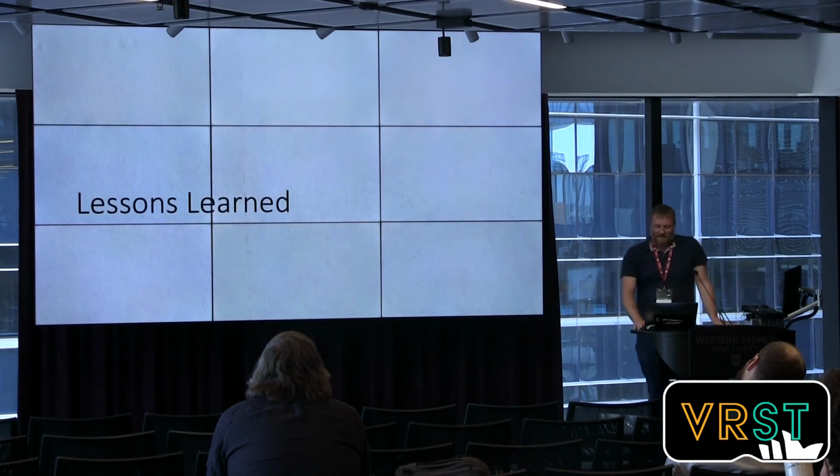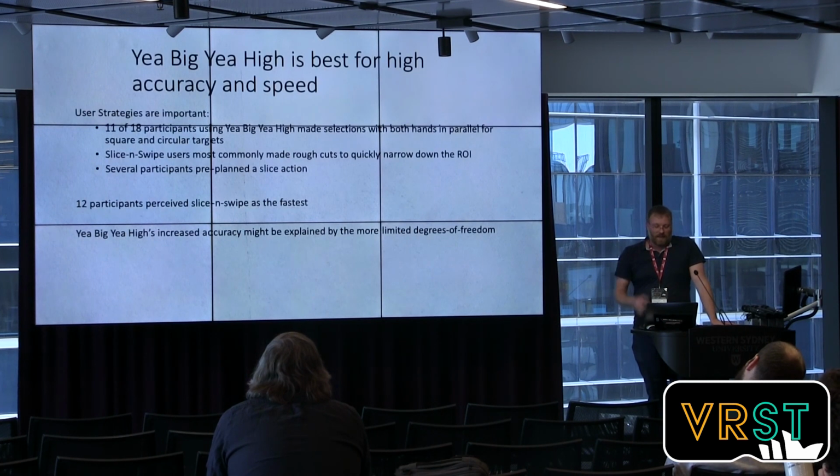All right, so some lessons learned and discussion from this. Why did we get these results? What we found is that Yea Big Yea High was the best for accuracy and speed, but that could be explained in part by the strategies that participants used. With Yea Big Yea High, we essentially have two cutting planes that you can somewhat independently move.